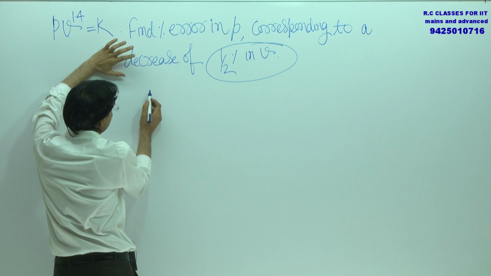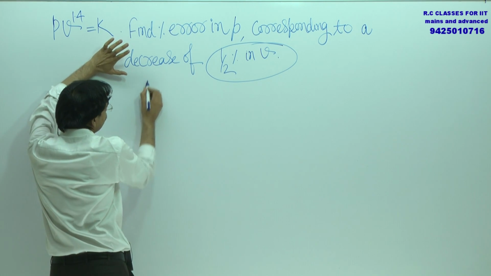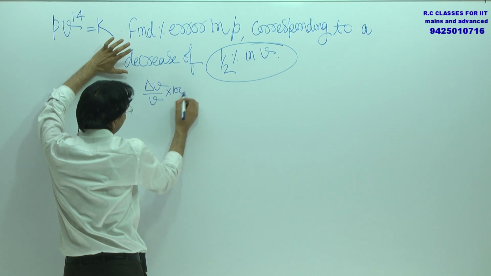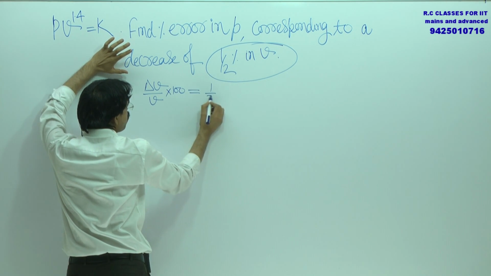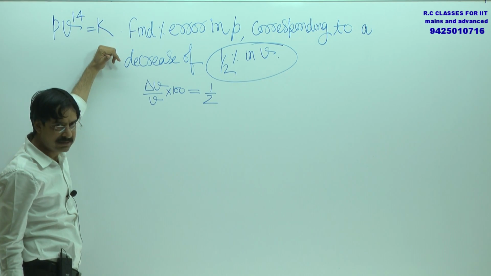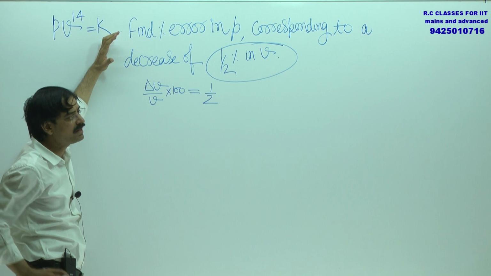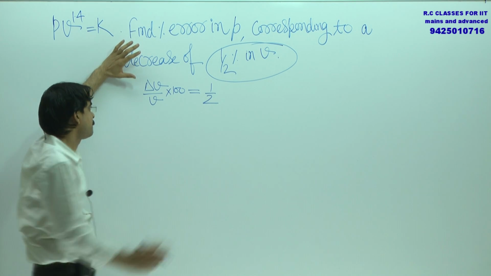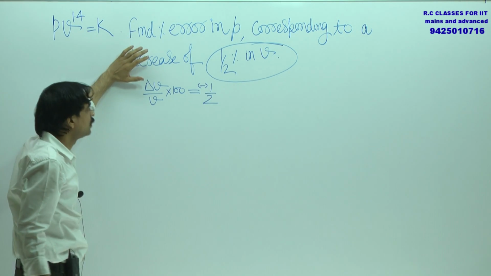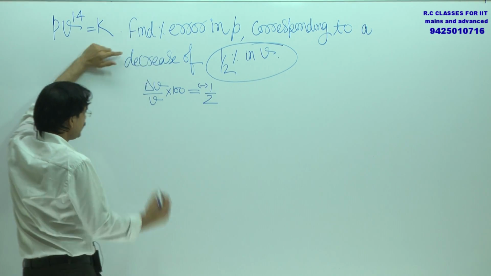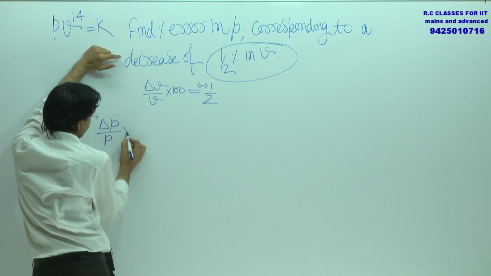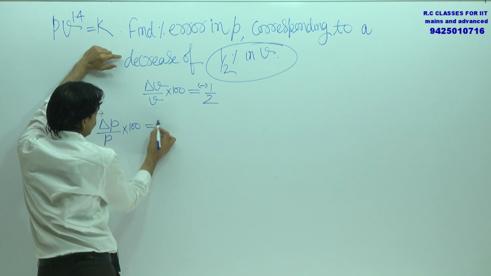The given information here is delta V upon V into 100 is equal to half, right? Percentage decrease in volume, and actually it is negative, with minus sign, because it's a decrease. Percentage error in P is required, that means delta P upon P into 100. That's what we have to find out.